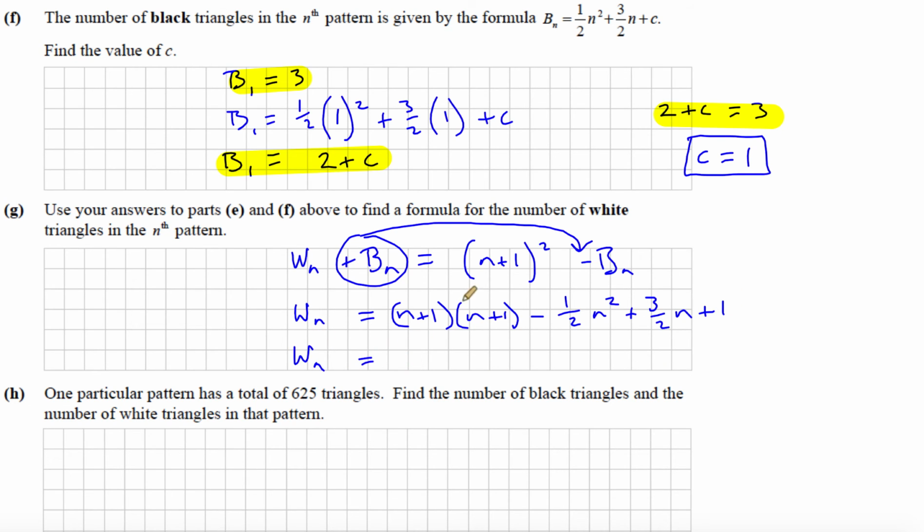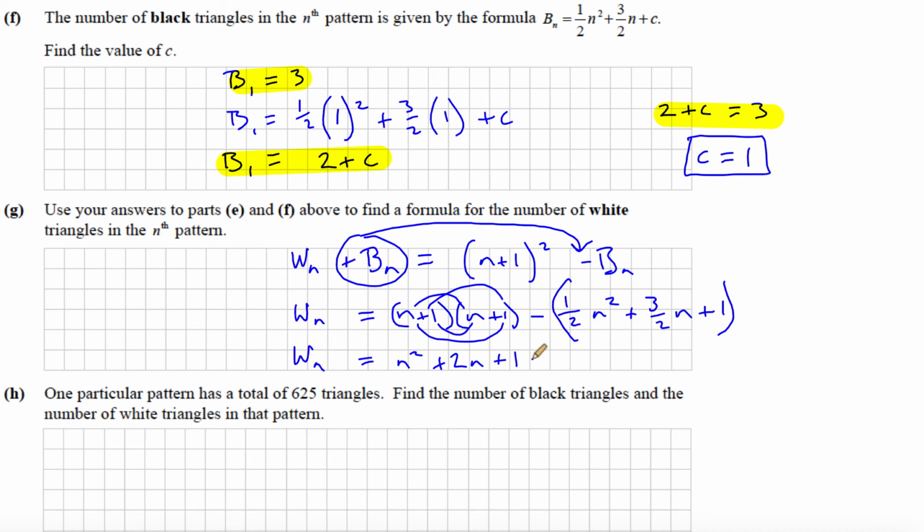So Wn is equal to, we can multiply these brackets out, n by n is n squared plus 1n plus another 1n, that's plus 2n, and then 1 by 1 is 1, and from that we are subtracting Bn. When I was subtracting Bn, I should have protected all that Bn in brackets, so it's minus all of Bn.